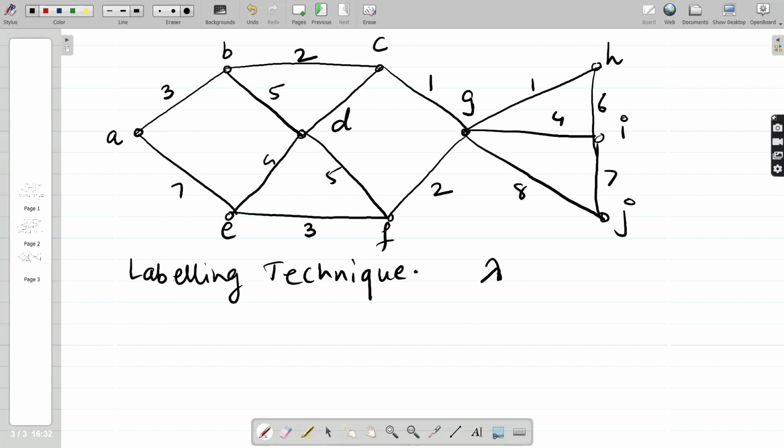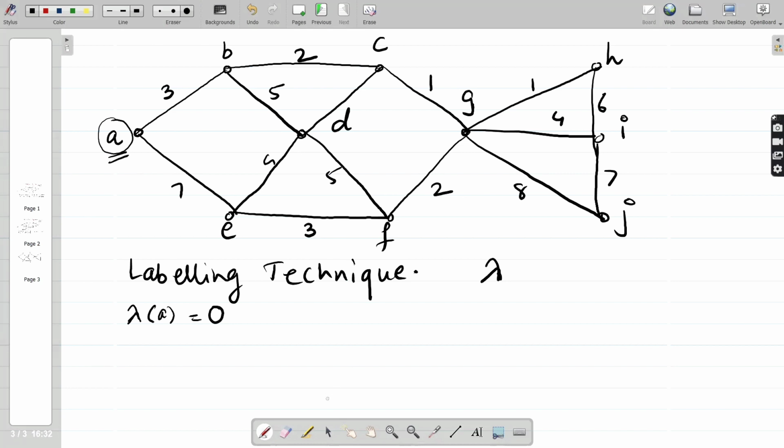The vertex from which you want to find the shortest path is given to us. In this graph, I am finding the shortest path from the vertex A. So for the vertex where you are starting, the lambda A value is equal to 0.